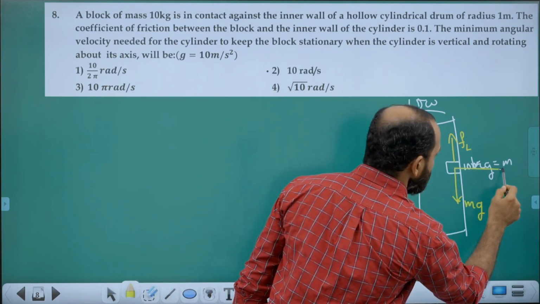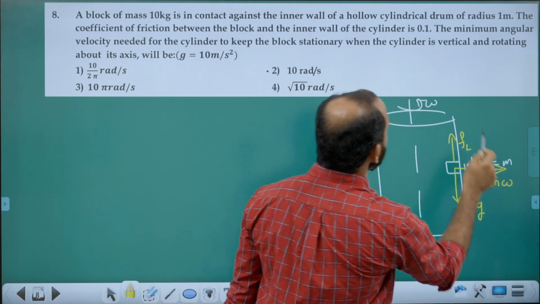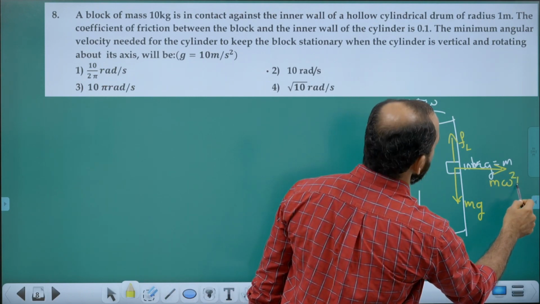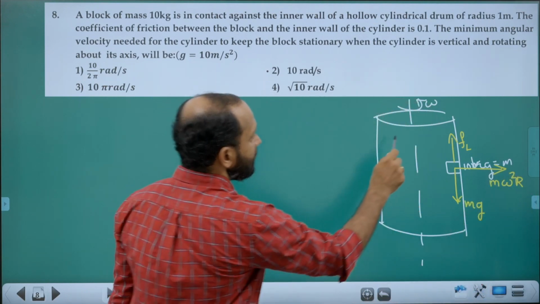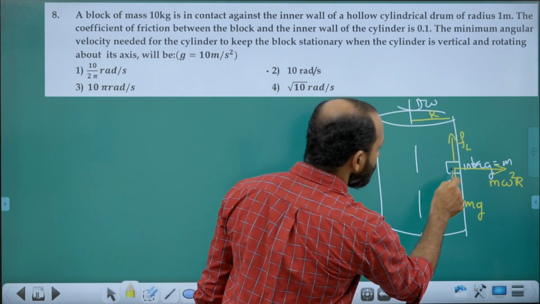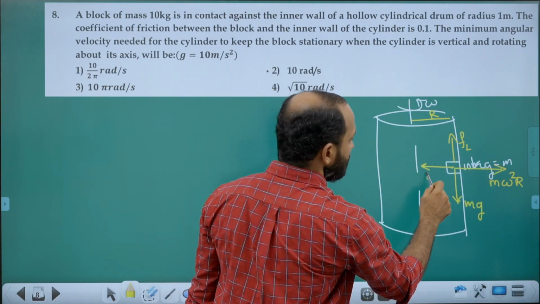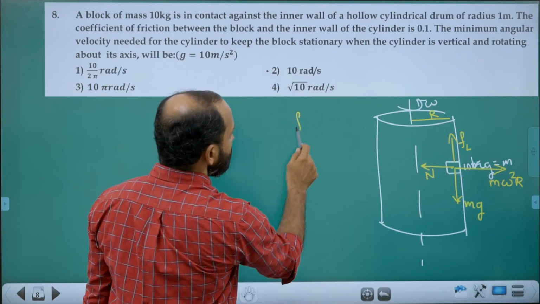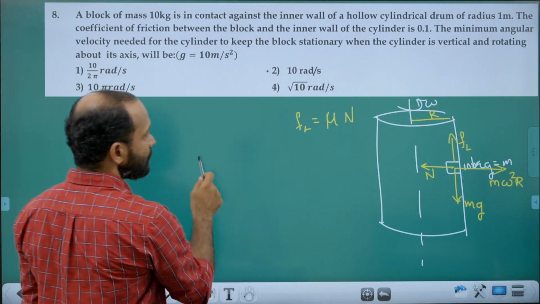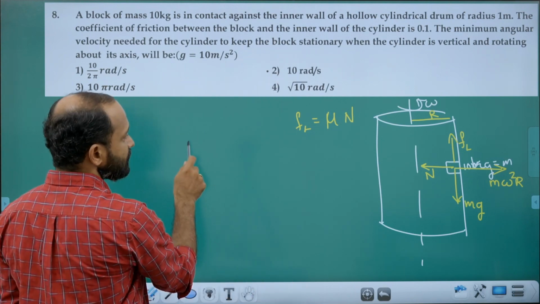Now one more force, that is the centrifugal force, which is acting radially outward. I am writing centrifugal force in terms of omega: m omega square times R, where R is the radius of the cylinder. Now, the normal contact force is acting perpendicular to the surfaces in contact, that is N. Also, we know limiting friction is equal to mu s times the normal contact force. Now, for equilibrium, vertical forces must be balanced.